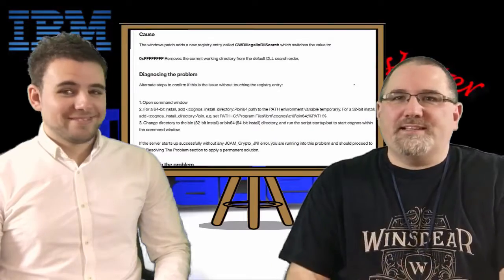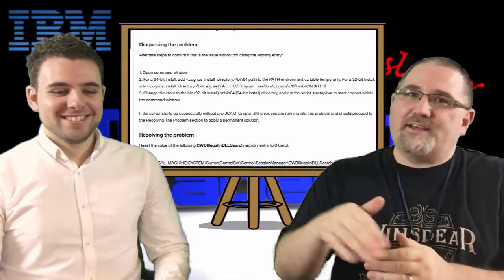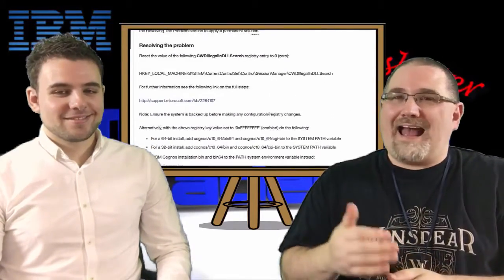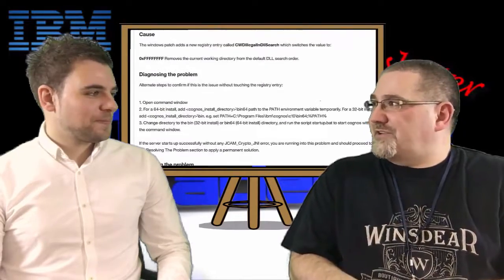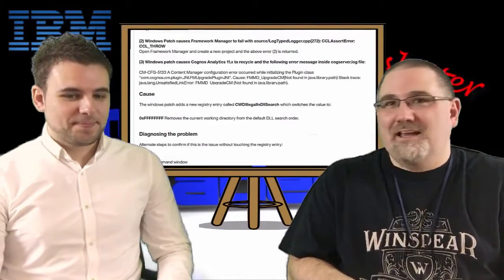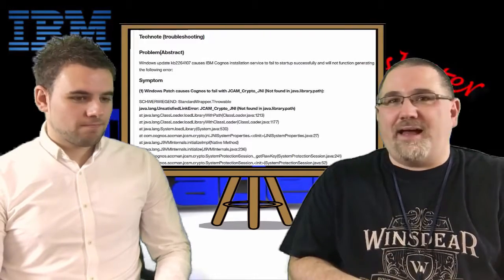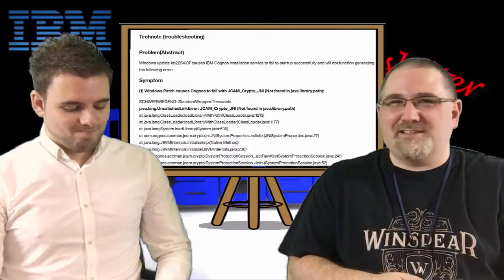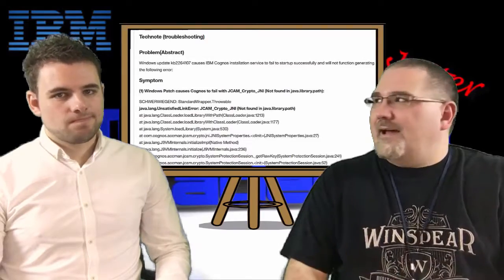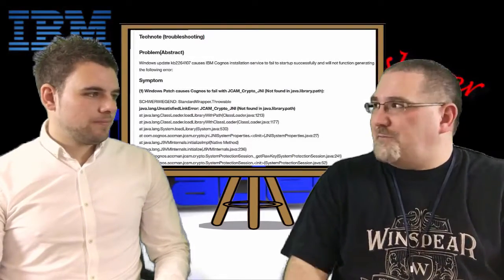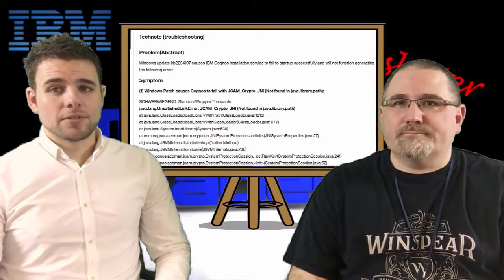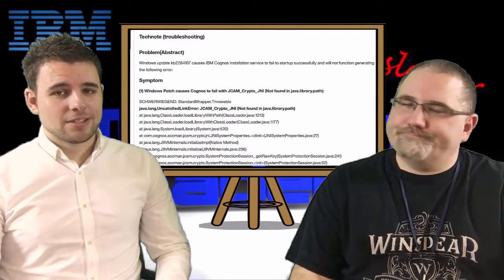I'm not going to go through the details of it, but basically this lays out what you need to do, what you need to look for, and the registry changes you're going to need to make to fix this. Unfortunately, the only way to get around this is either to roll back that patch or change your registry. So it's a bit clunky, but there's not a lot we can do about it. It's a Microsoft patch. Yeah, it's better that you know, so if you do come across this, at least you know what to do next.